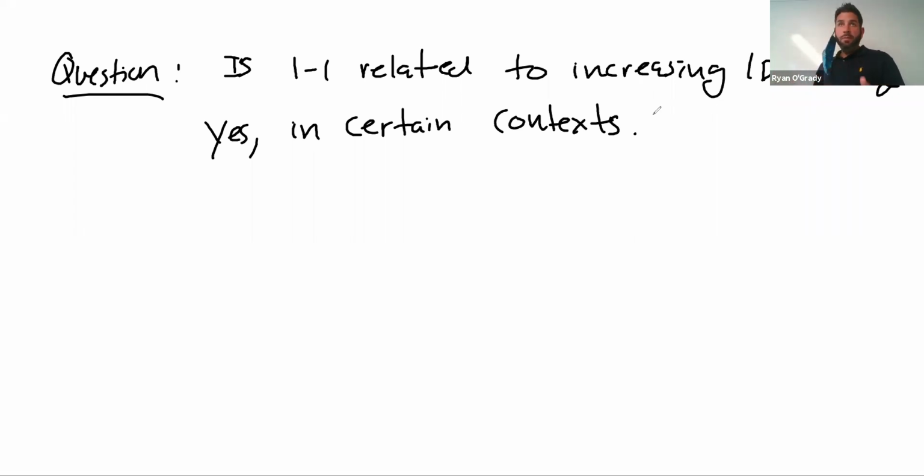Some of you might be familiar with the complex numbers, imaginary numbers and complex numbers, maybe from another class. Turns out there's no order on them. So even the complex numbers, which are very important in lots of areas of mathematics, science and engineering, you can't necessarily talk about increasing and decreasing there. But your question is a good one because it is related in a certain sense. We can write it down and we'll ask you to do it for homework.